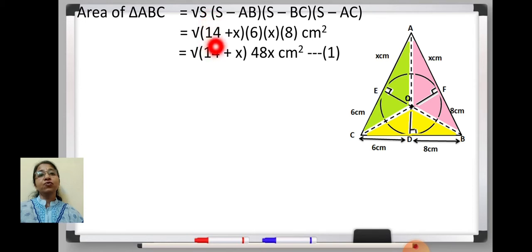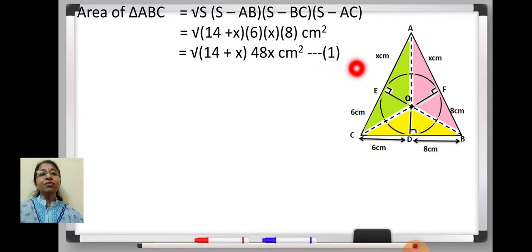S is 14 plus x, so under the square root sign, 14 plus x, S minus AB is 6, S minus BC is x and S minus AC is 8, right? So square root of 14 plus x, 6 into 8 is 48x, right? So this is your area of triangle ABC by using Heron's formula. Give this as equation number 1.